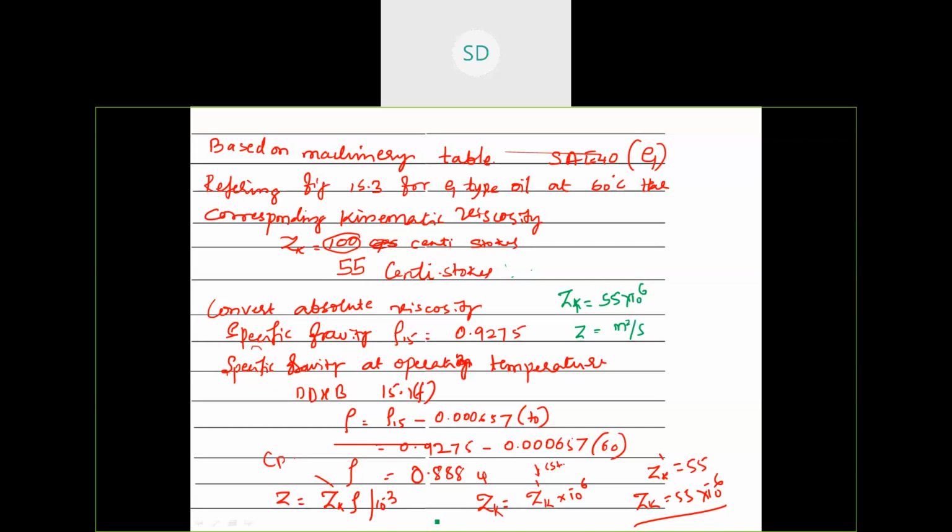I think you got the same here. Okay, Zk, this value is in terms of meter square per second.